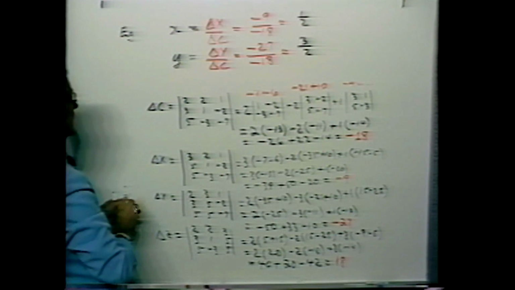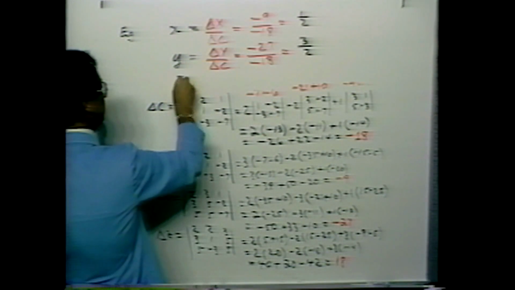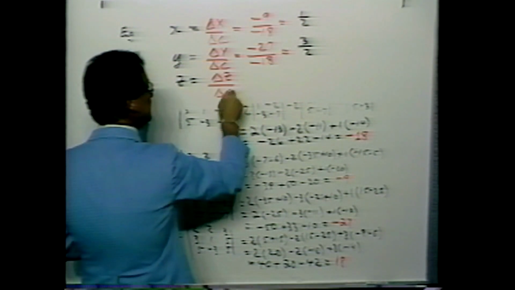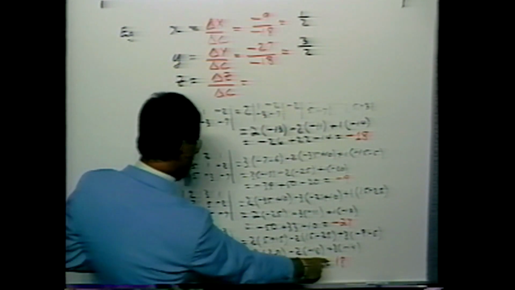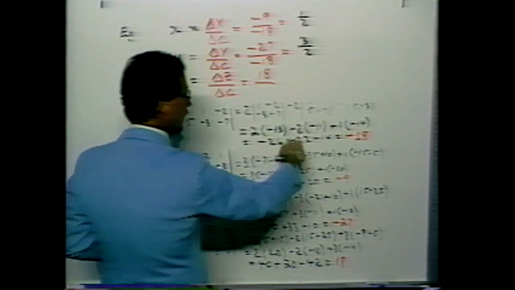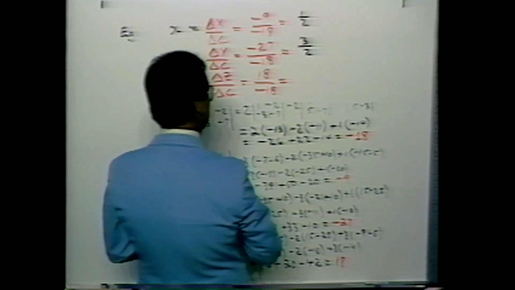And finally, we have that z is equal to delta Z over delta C, which is equal to 18 divided by minus 18, and that's equal to minus 1.